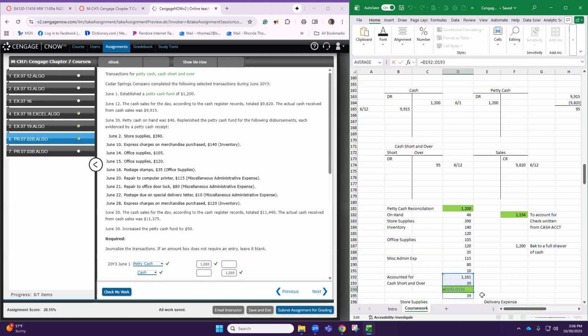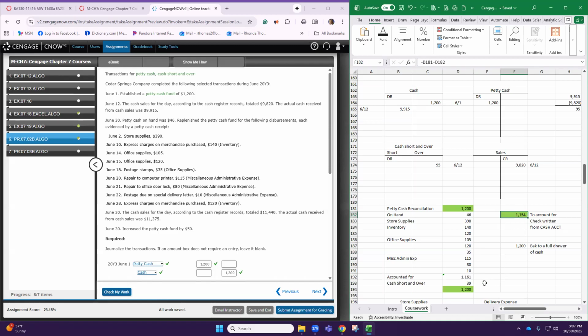Let me fix this. So we're going to do sum, open parentheses, just add these two together, and there's your 1,200. And we've got to put money back, to account for the check written from the cash account.